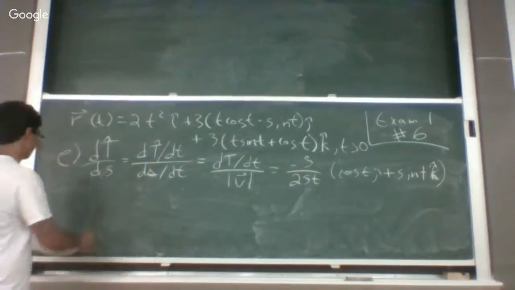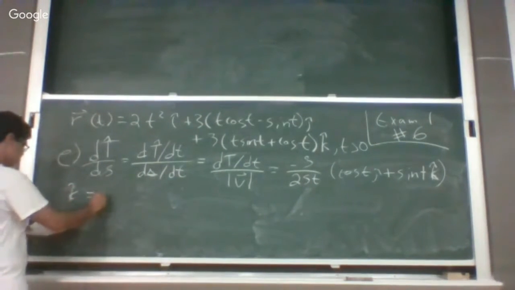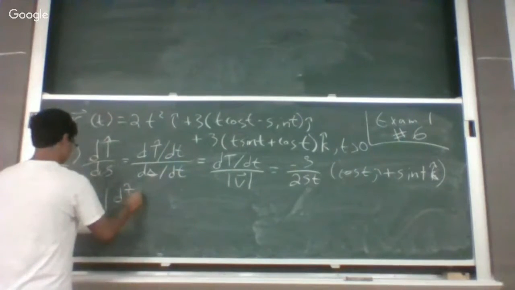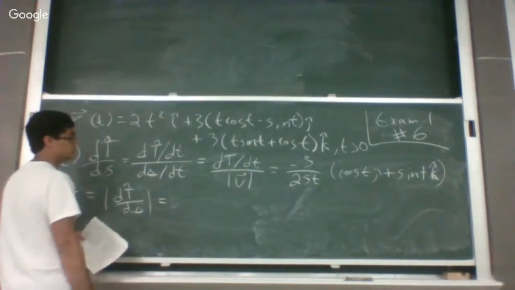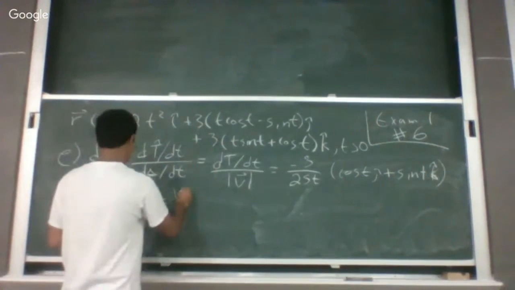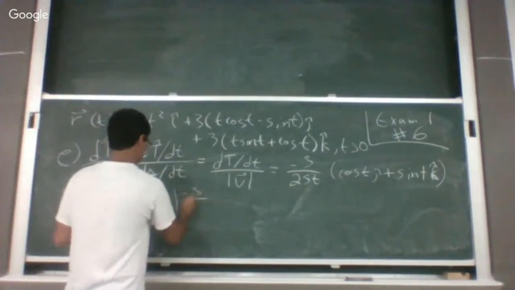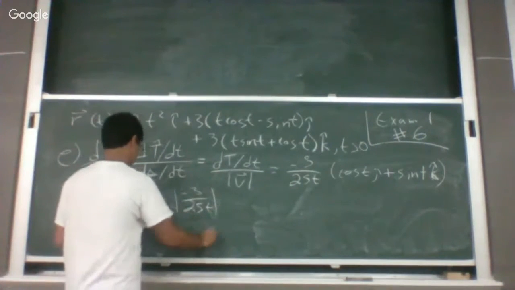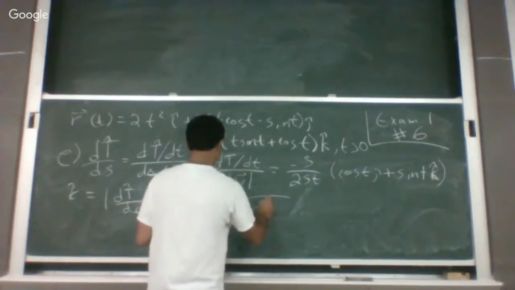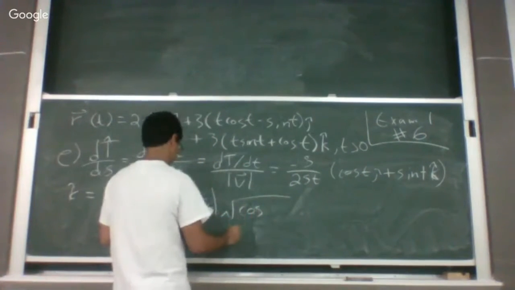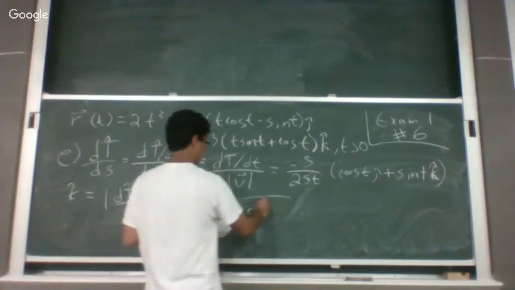Part F is the magnitude of that. So that's always the absolute value of the term on the outside times the square root of cosine squared t plus sine squared t.